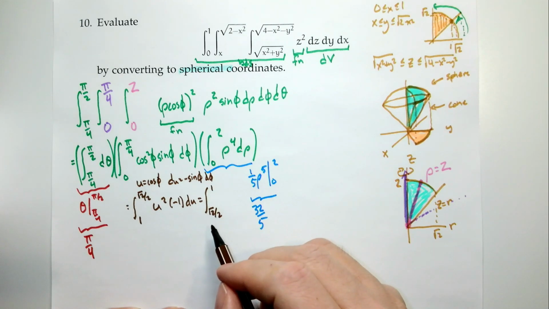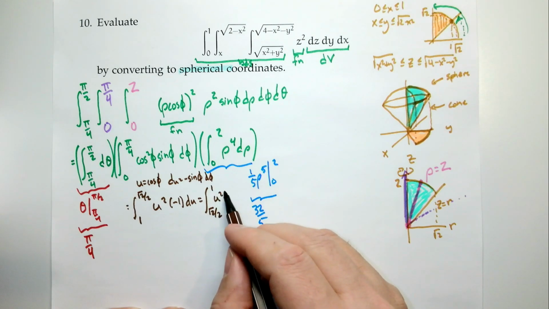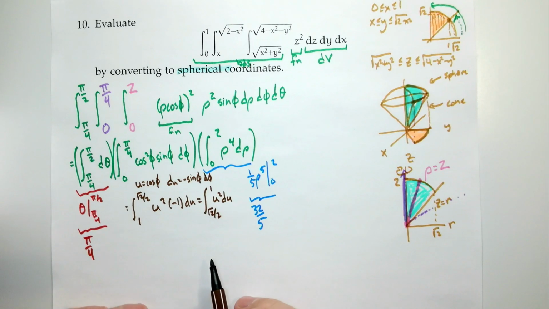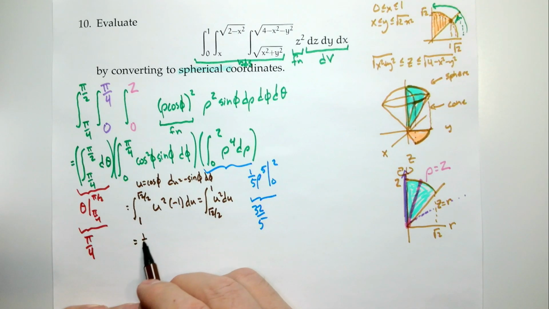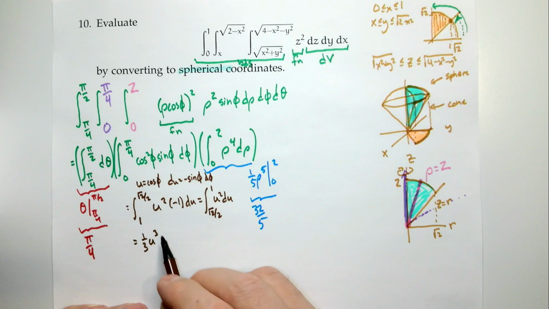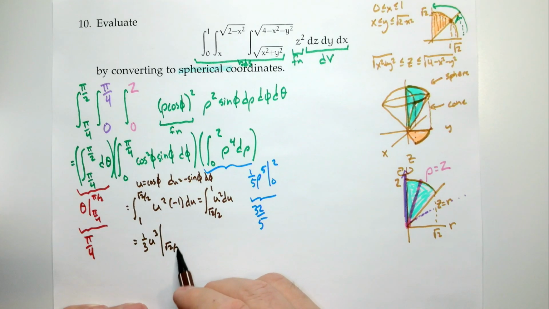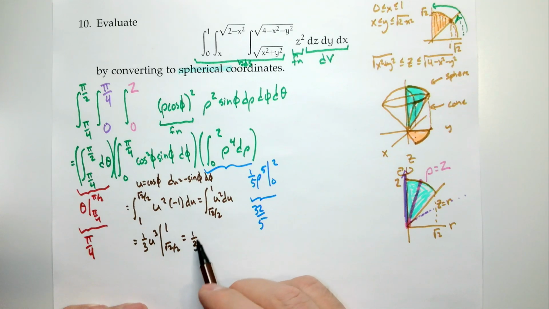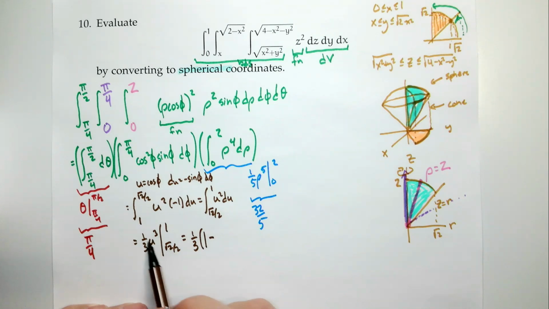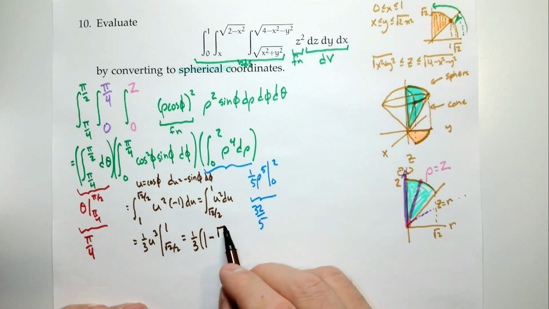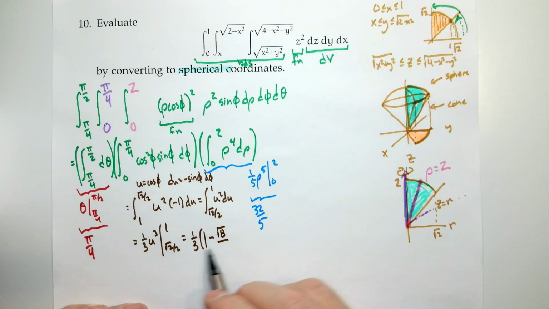Root 2 over 2 to 1 of u squared du. So that would be 1/3 u cubed evaluated root 2 over 2 to 1. So that would be 1/3 times 1 minus, now cube this. Well, if I take the square root of 2 cubed, that's the square root of 8. And then 2 cubed is 8.